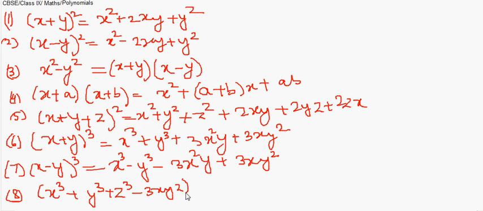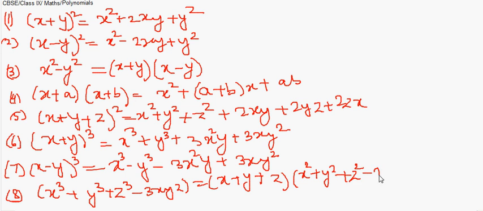This will be (x plus y plus z)(x square plus y square plus z square minus xy minus yz minus zx). These are the 8 identities we will now be taking up questions for.